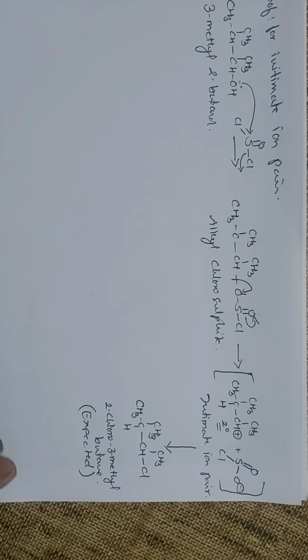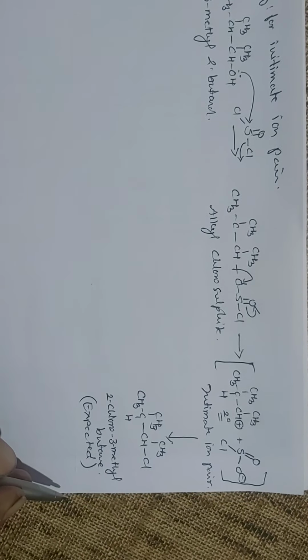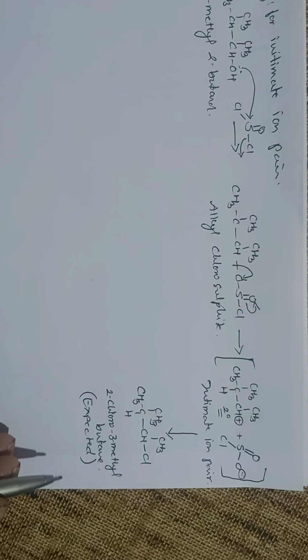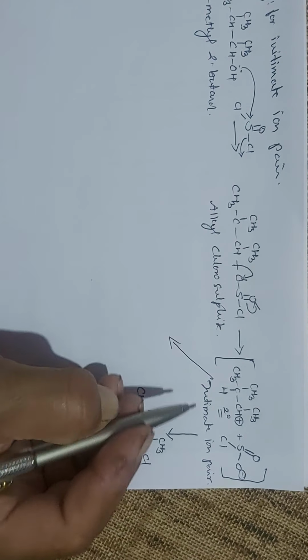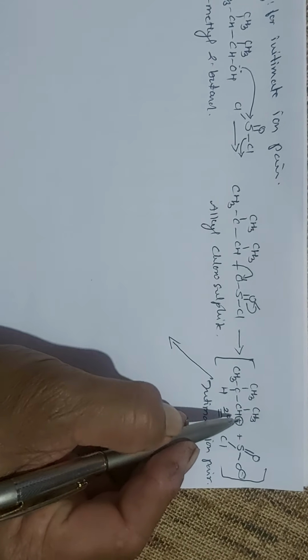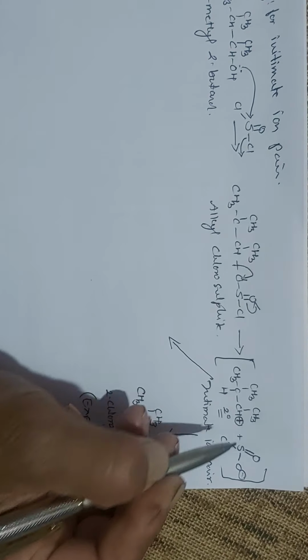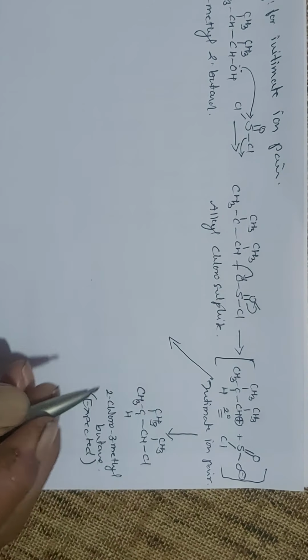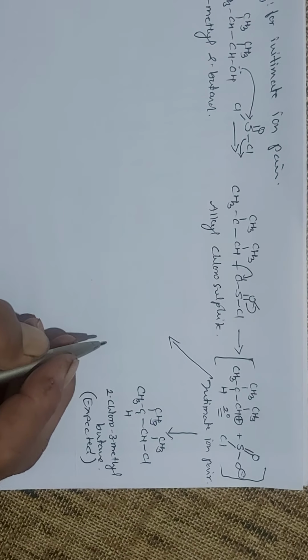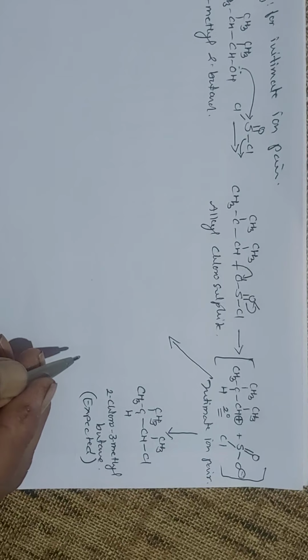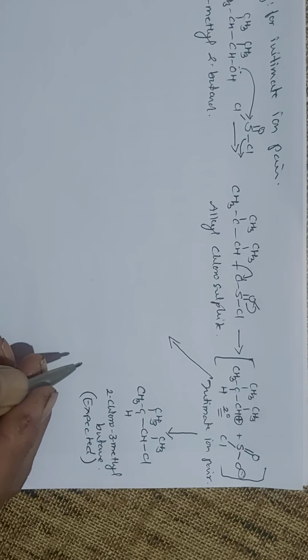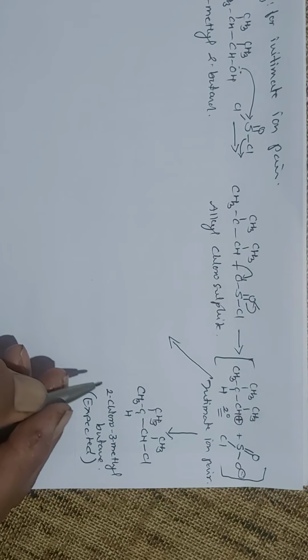Now, when this expected product is to be obtained, we are not getting the expected product. What happens? As per our knowledge, whatever we have studied so far, if the stability of carbocation is considered, the secondary carbocation is more stable than primary, and tertiary is more stable than secondary carbocation.